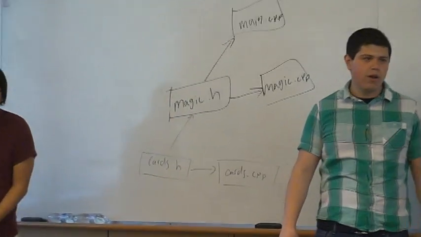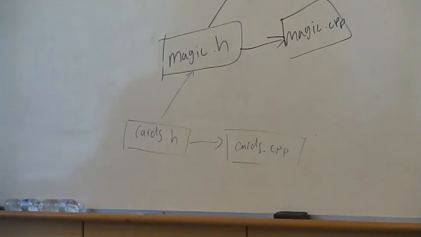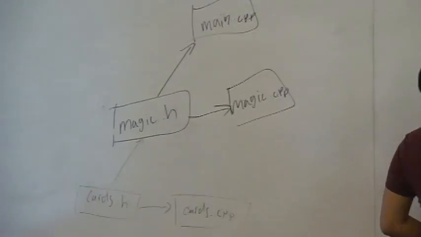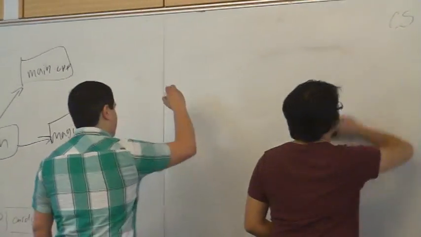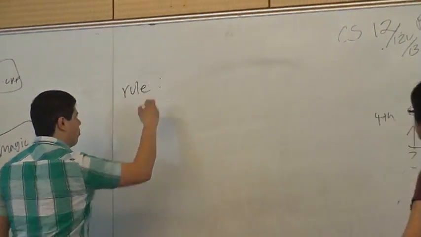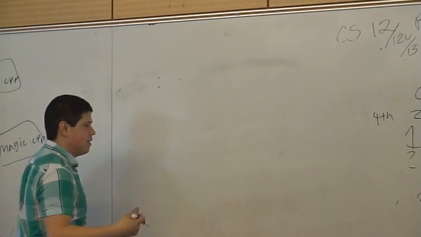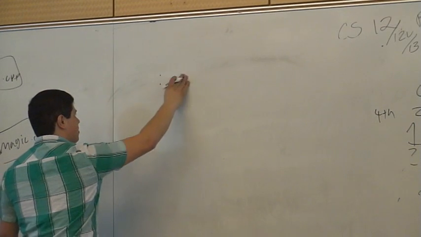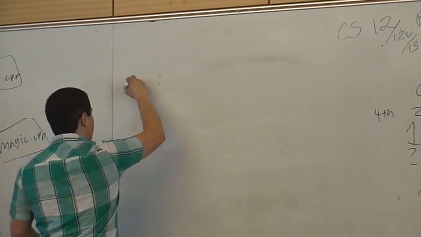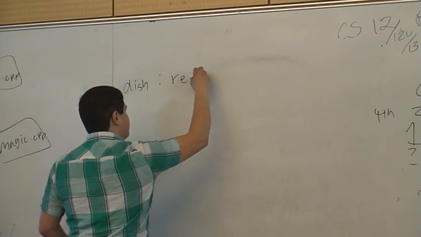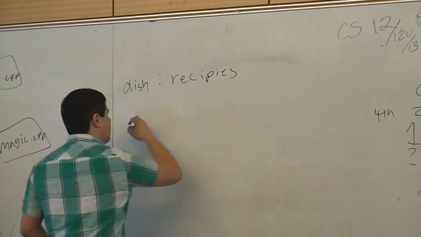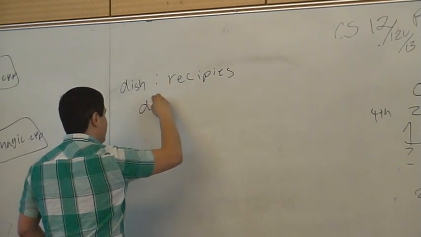So I like to think of makefiles as, so first I have the main rule, and these are a list of dependencies. I like to think of it as a dish, followed by recipes, and then these are the directions to make that dish.